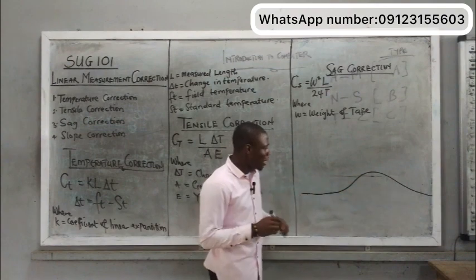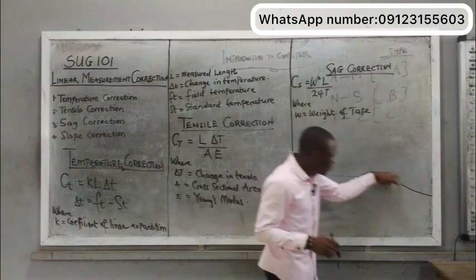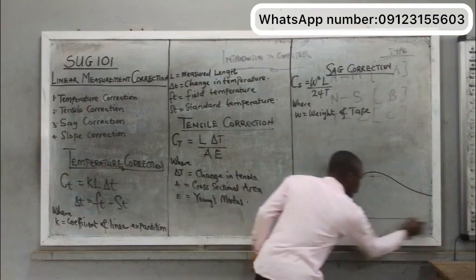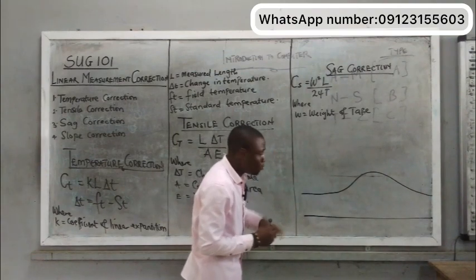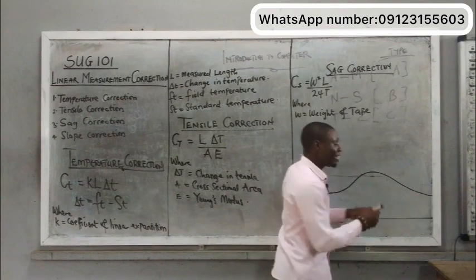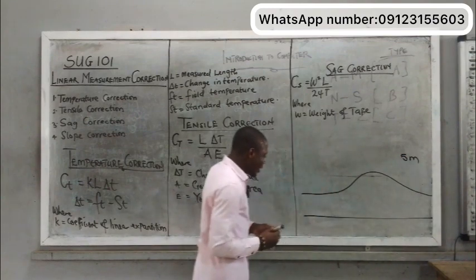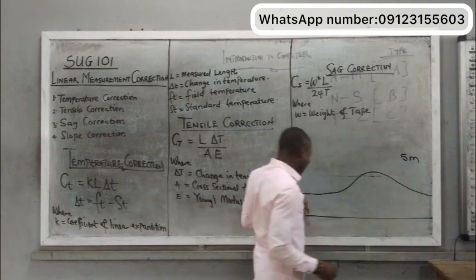Listen. If I measure this land like this, and I manage my tape to measure this land this way, and let's say I have 5 meters from here to here, the same as from here to here.